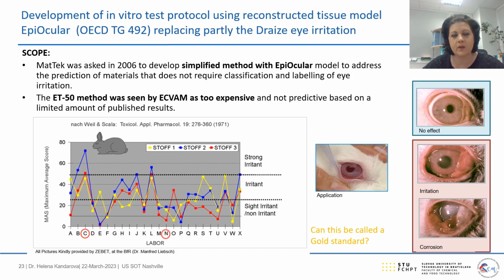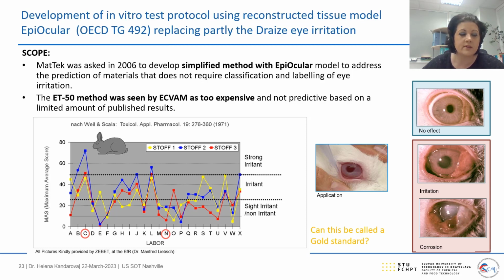But at that time, the materials that were requested by EQUAM were not looking so well in the ET50 protocol, and it was also seen as a too expensive protocol for testing. So that's why EQUAM was approaching MatTek whether we could develop a simplified method with EpiOcular that would address the materials that do not require classification and labeling of eye irritation. It was also because for the severely irritating materials, there were already methods that were validated and regulatory accepted. So there was a need to have another method on the other side of the irritation scale.